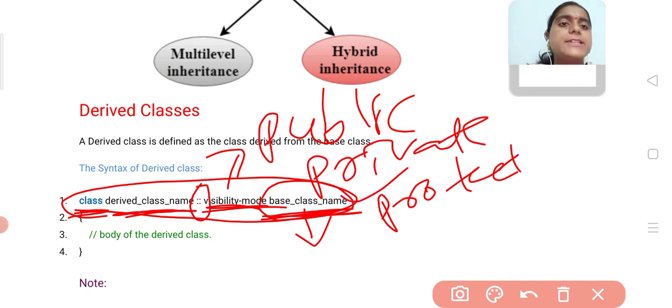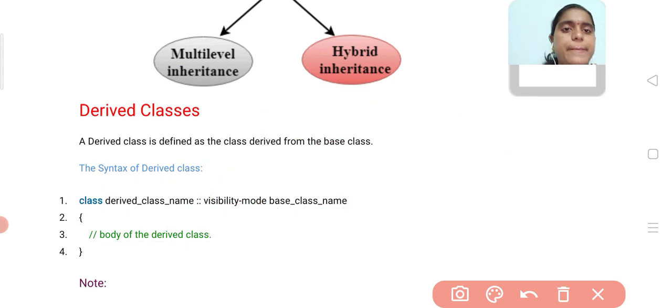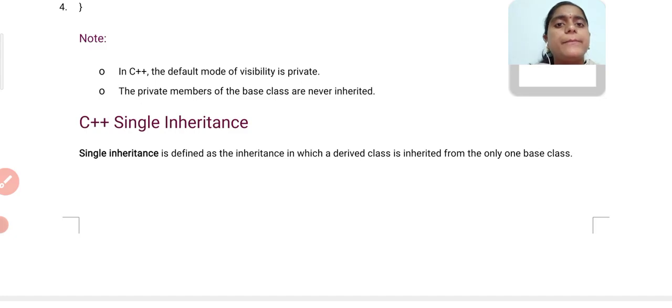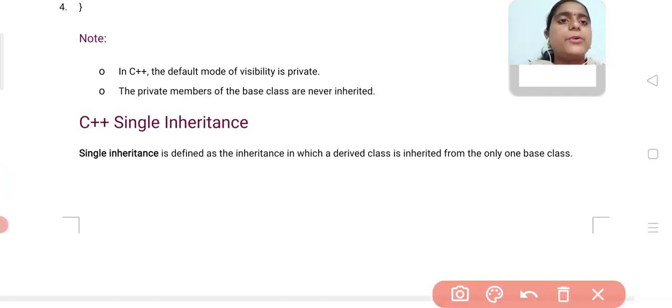By using this syntax we create the derived class, and after creating the child or derived class we write some code in it. If we write code in the derived class, it does not affect the parent class. In C++, the default mode of visibility is private.